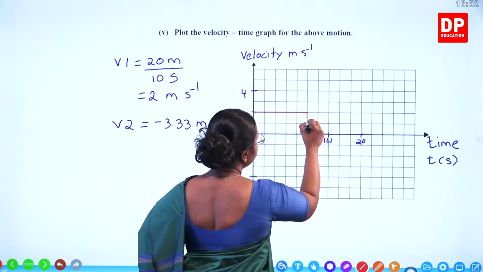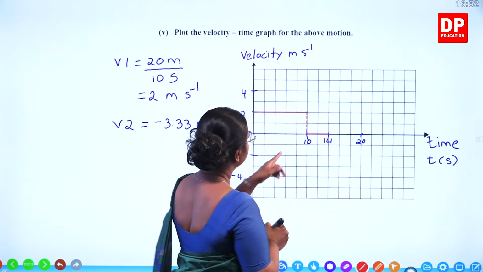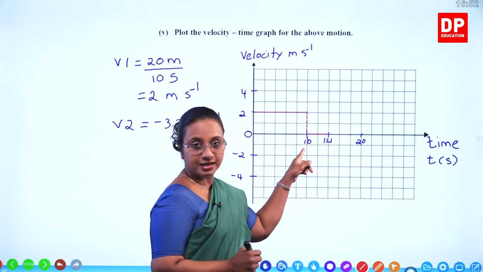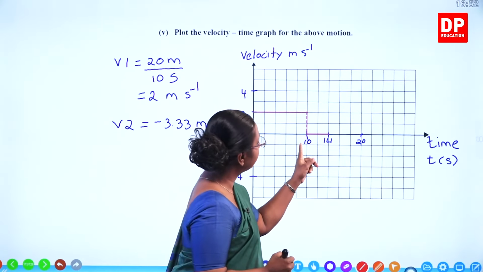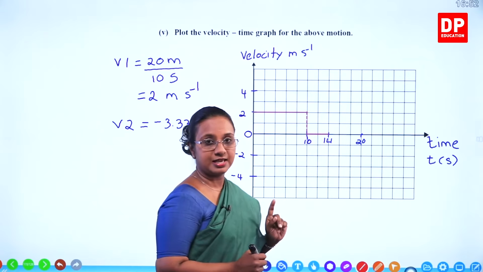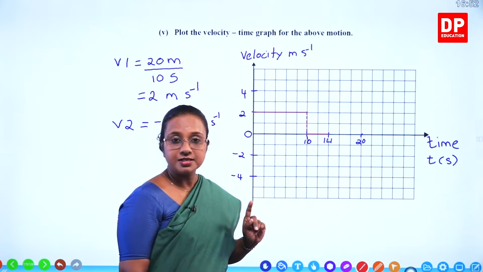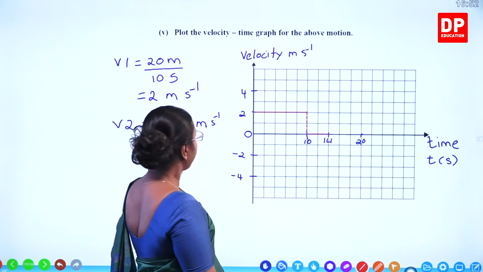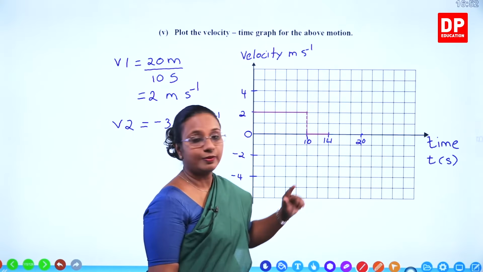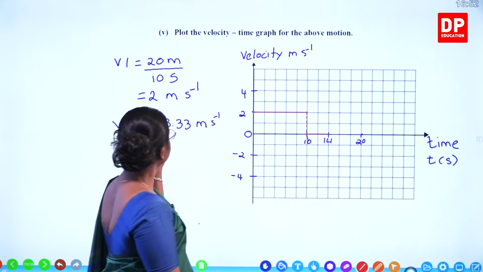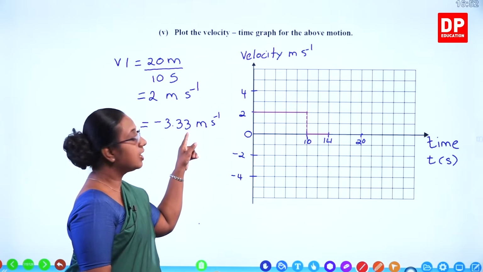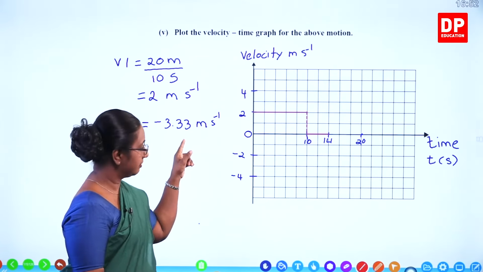So from here to here, it's the point where the 10-second time period is over. Then from 10 seconds to 14 seconds, there is a rest period. Again, from the 14th second to the 20th second, the object moves with a velocity of minus 3.33.